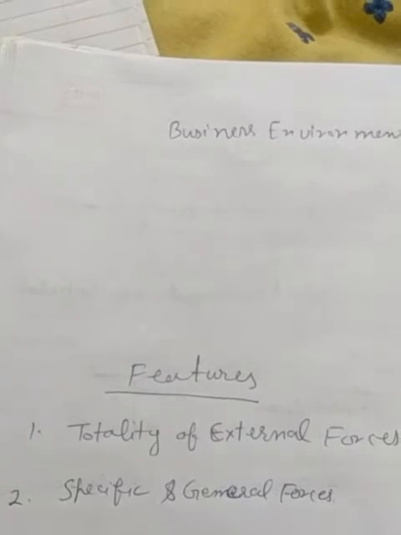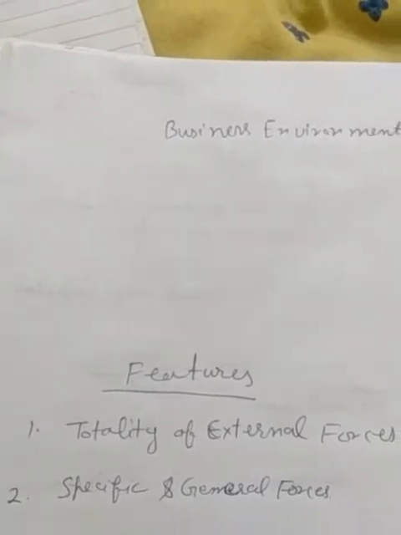Second is specific and general forces. Business environment includes both specific and general forces. Let us discuss these one by one. What are specific forces and what are general forces? Specific forces, such as investors, consumers, competitors and suppliers, affect individual enterprises directly and immediately in their day-to-day workings.